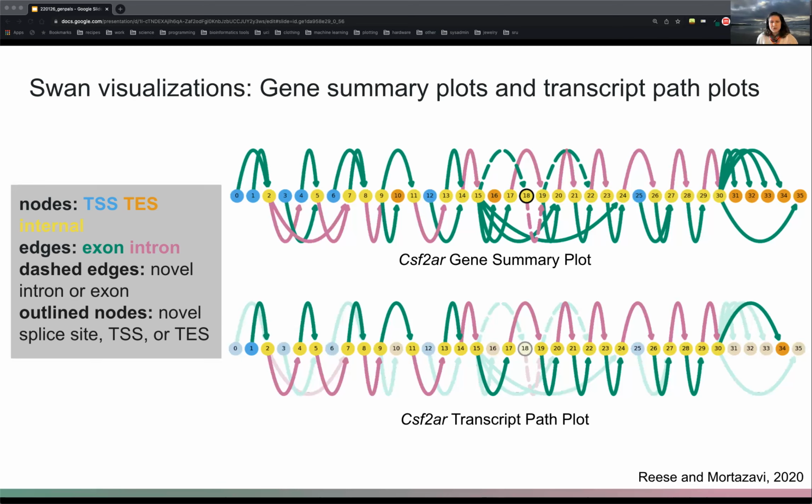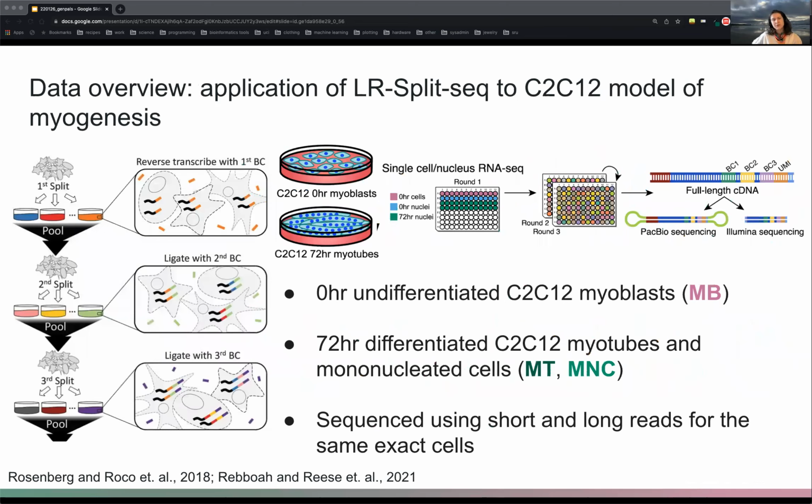So now I'm going to go through a brief rundown of the data that I'm going to be showing in the upcoming slides. So my lab's first attempt at generating single cell long read data was applied to the C2C12 cell line model of myogenesis, or essentially muscle maturation and formation.